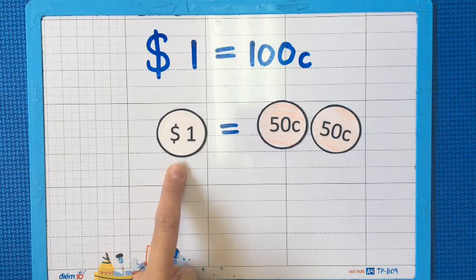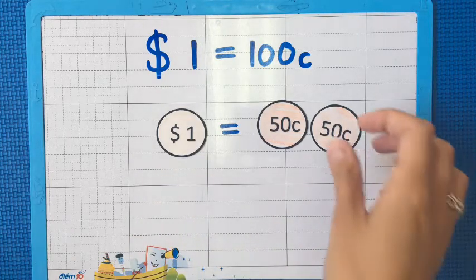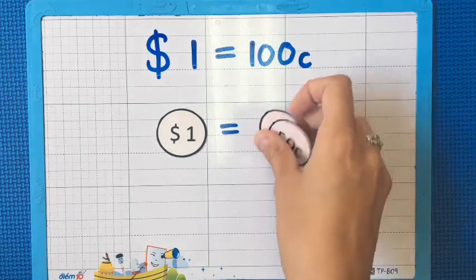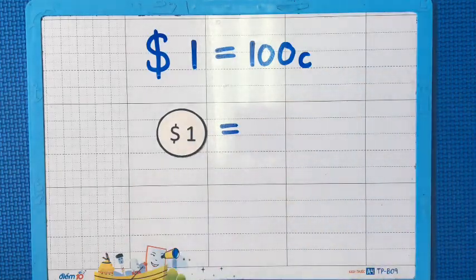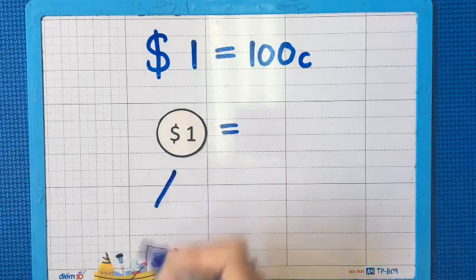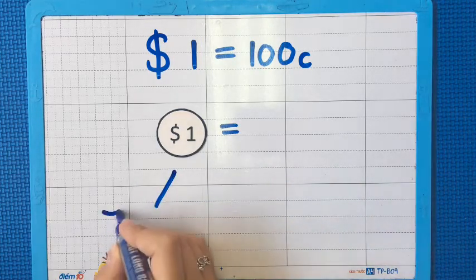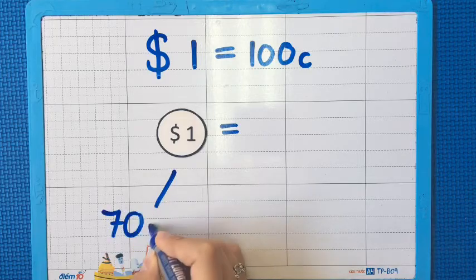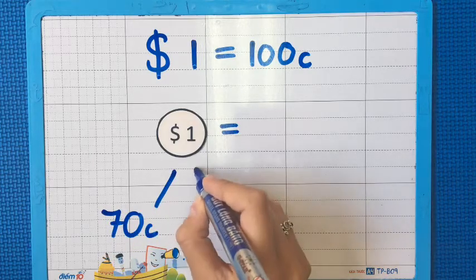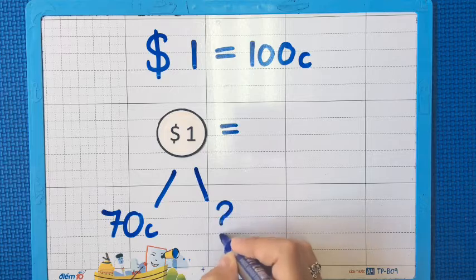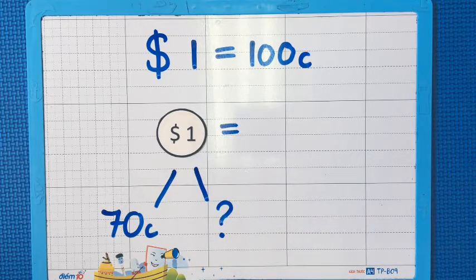But today we need to learn, if someone pays with $1 and the thing that they want to buy costs them 70 cents, how much change should I give this person?